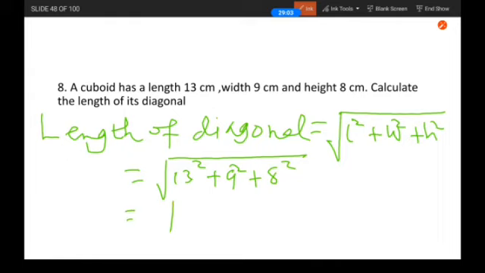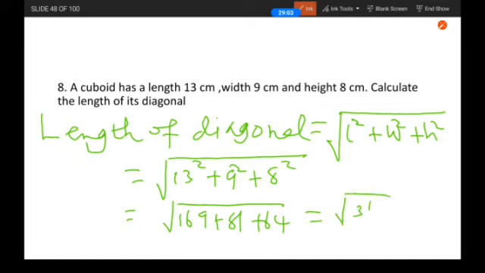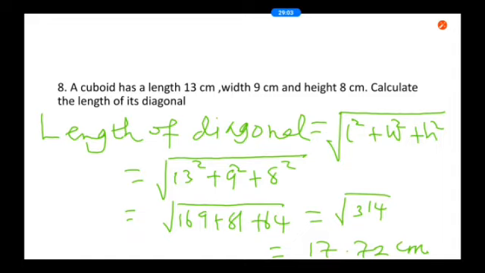And that gives us 169 plus 81 plus 64, which gives us 314. And if you do the square root very well, you're going to be getting 17.72 centimeter. That is the length of diagonal of the cuboid.